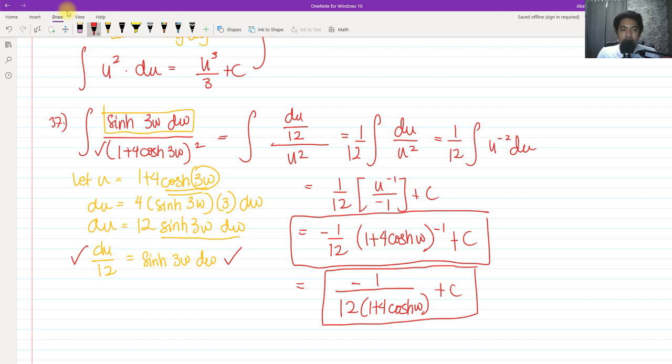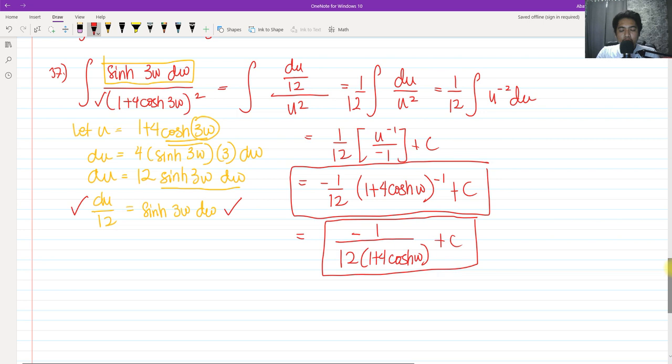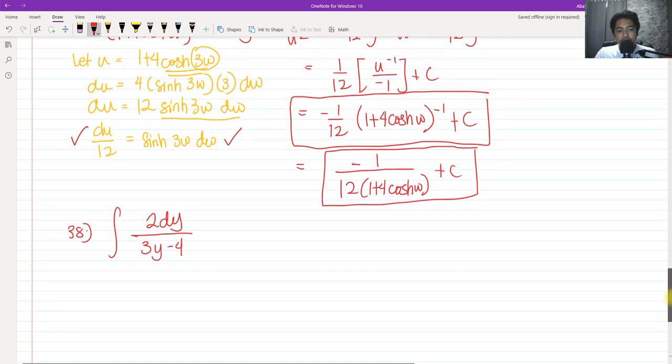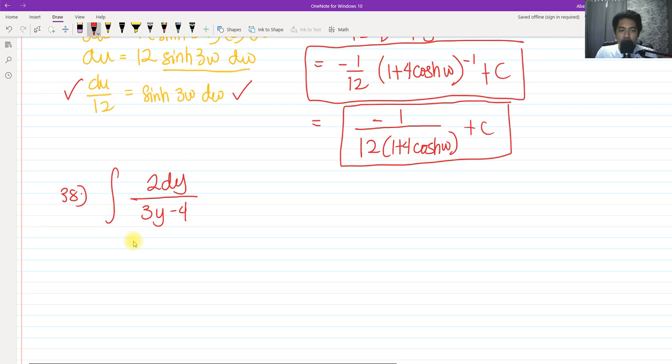Okay, so for number 38, we are performing 10 problems, of course. For number 38, we have to get the integral of 2 dy all over 3y minus 4. It's a very simple integral. In evaluating it, make sure that we follow the properties of the integral.